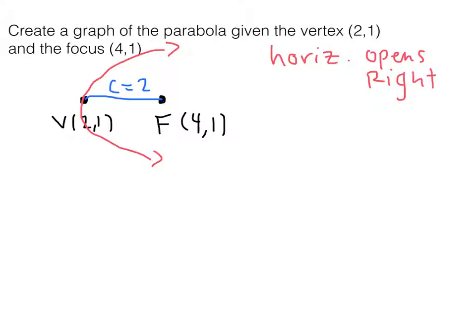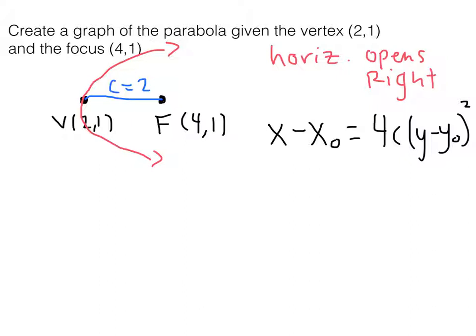So then that's going to tell us that we need to use the equation x minus x naught equals 4c times (y minus y naught) squared.